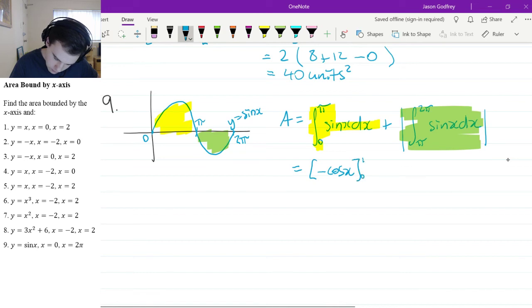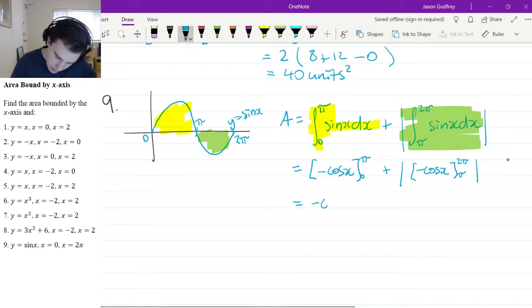Okay, so sine x integrates to negative cos x, from 0 to pi. And again, sine x integrates to negative cos x from pi to 2 pi. We're going to make sure we take the absolute value of that piece.